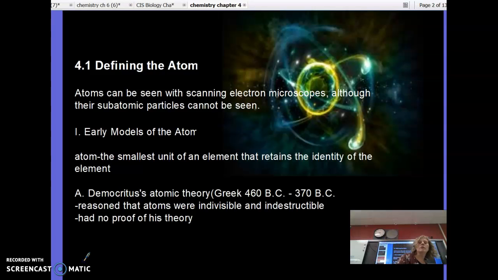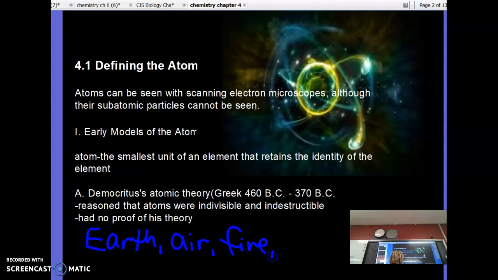He actually had a name for the different types of atoms that he believed existed. His theory was that there are 4 of these types of atoms that, in different combinations, make up all the known things in the universe.